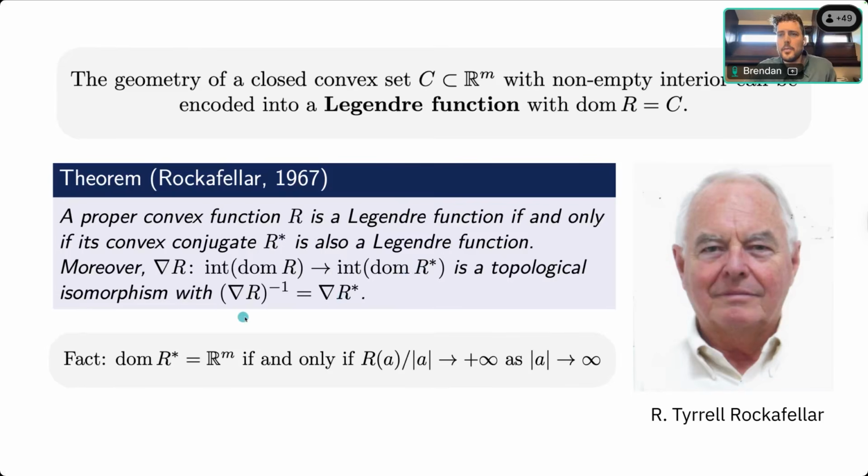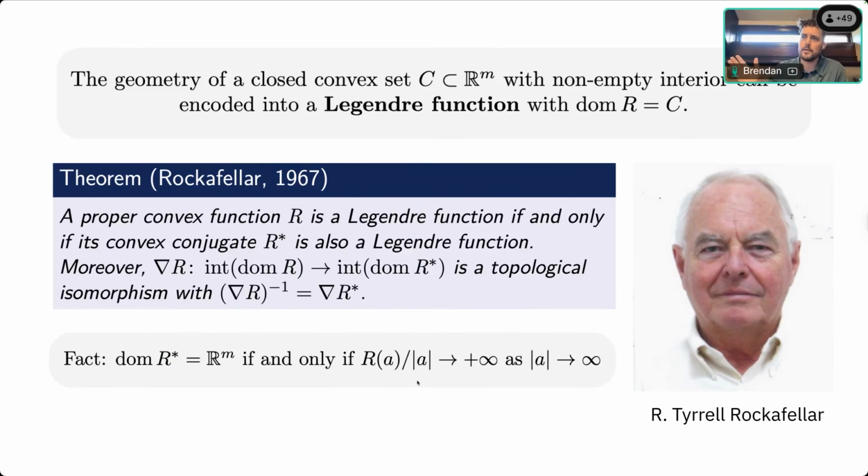All right, I'll give you a bunch of examples here because this is the most abstract part of the talk. But this fundamental theorem tells you that you have this isomorphism on the interior of your convex set C, given a specific function like the Legendre function. And there's another fact, also proved by Rockafellar, that the domain of the conjugate function is all of R^m if and only if you have this growth condition.